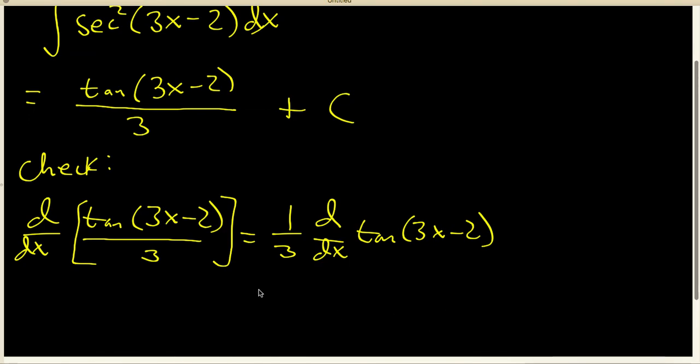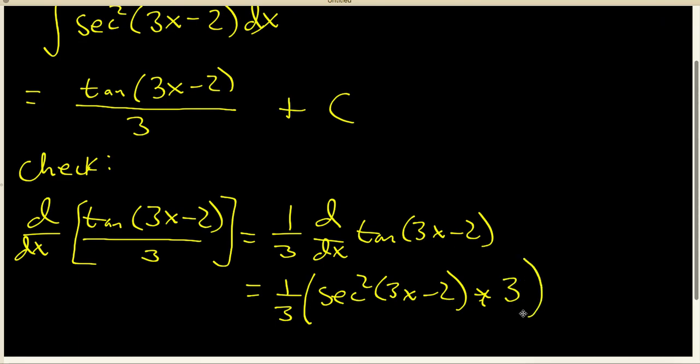When I look at that, I get 1/3 times secant squared evaluated at 3x minus 2 times the slope of 3x minus 2, which is just a 3. This 3 and this 3 cancel each other out, leaving me with the integrand that I started with. And so I know that my answer was indeed correct.